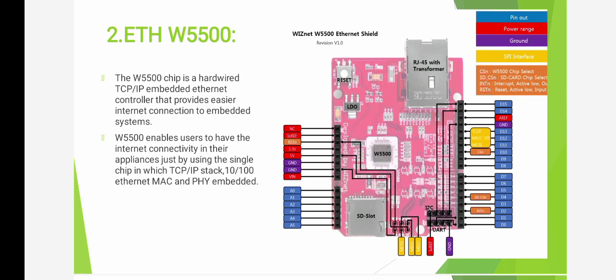W5500 enables users to have internet connectivity in their appliances just by using a single chip, in which the TCP/IP stack, 10/100 Ethernet MAC, and PHY are embedded. This is the Ethernet W5500.